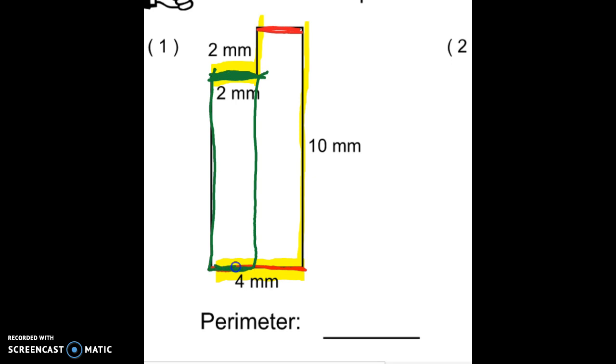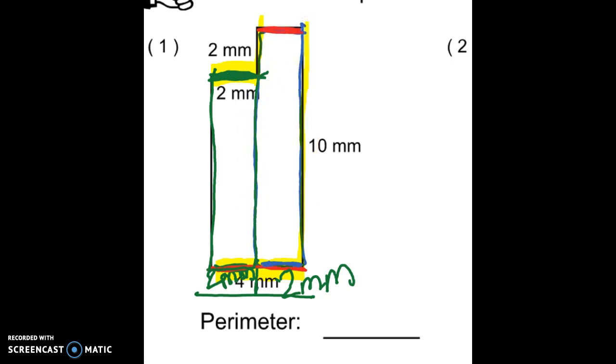So if this is 2 millimeters and the whole distance is 4, this also must be 2 millimeters. It's in a rectangle, and those rules of opposite sides being the same length still apply. So this must be 2 millimeters.